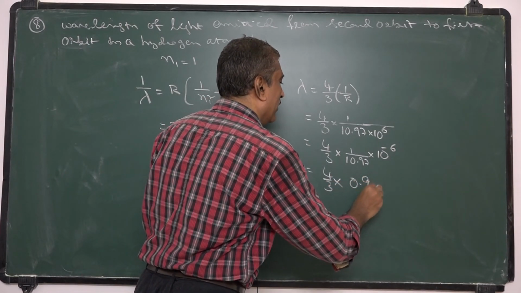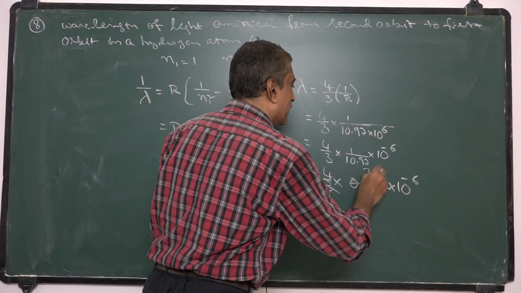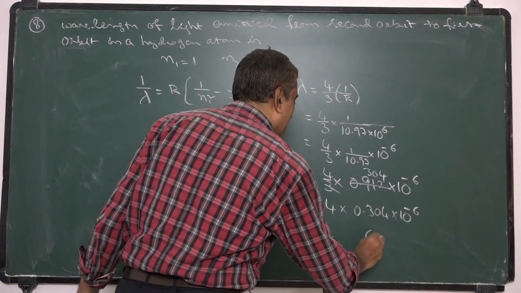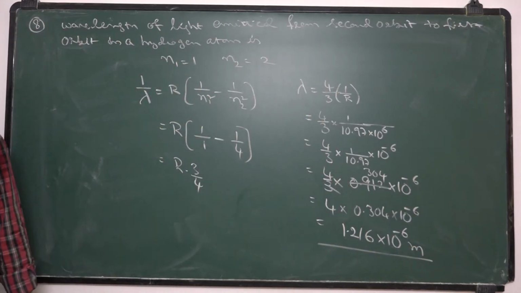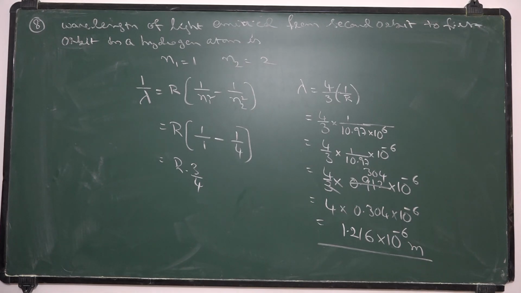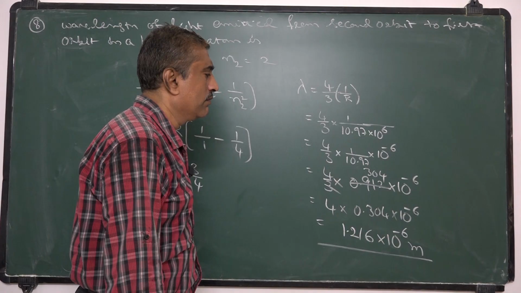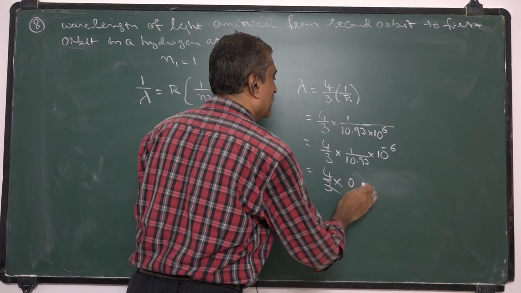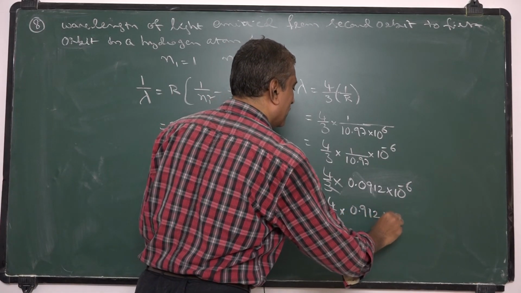That is 0.0912 into 10 power minus 6, or we can write it as 0.912 into 10 power minus 7.